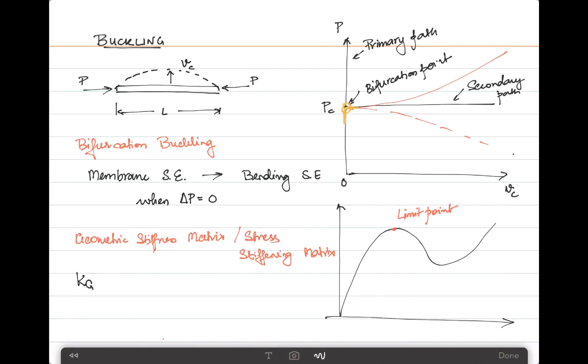This is a function of the element's geometry, displacement field, and state of membrane stress. Because it is independent of the material properties, it is also applicable despite any anisotropy and yielding that may occur in the problem. As you may recall, the Kg for a bar element that we studied was a function of P by L times a matrix depending upon the degrees of freedom. So you see here it would only depend upon the geometry of the structure and nothing to do with the material.